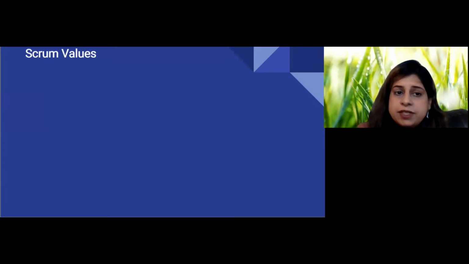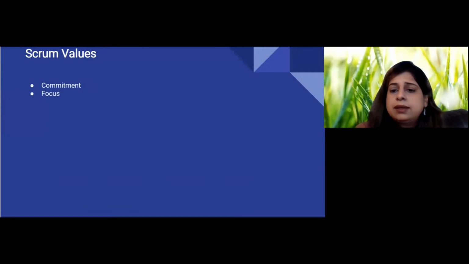There are 5 Scrum Values. The Scrum team is committed towards their goals. Their primary focus is to make the best possible progress towards the goal. The Scrum team and its stakeholders are open about the work and the challenges.